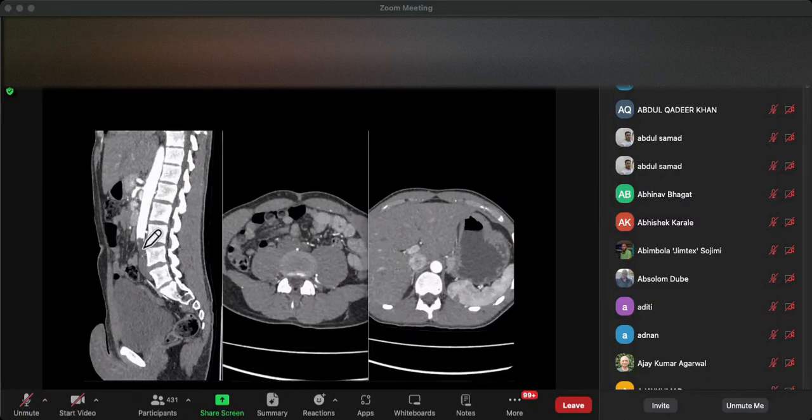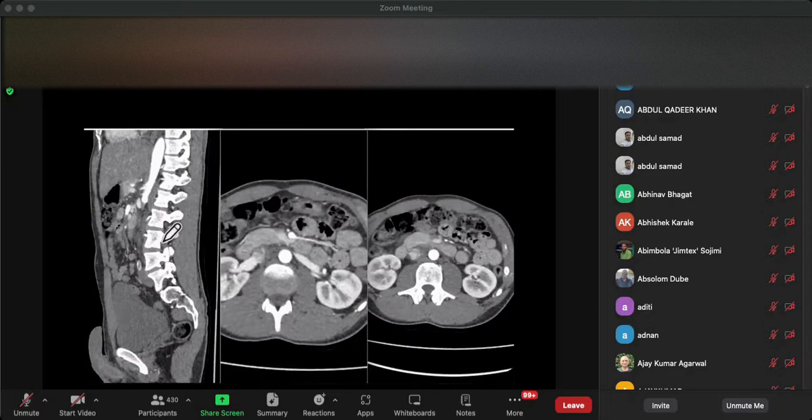Now, young people don't have diseased arteries, so where has the thrombus come from? So if we look a bit further up, you can see the SMA and the celiac axis are okay, the kidneys look okay.